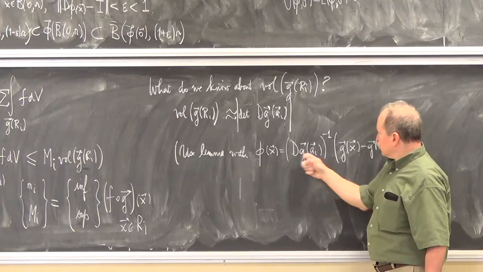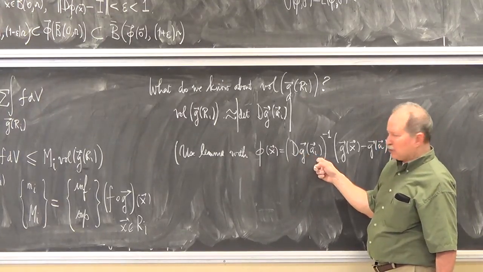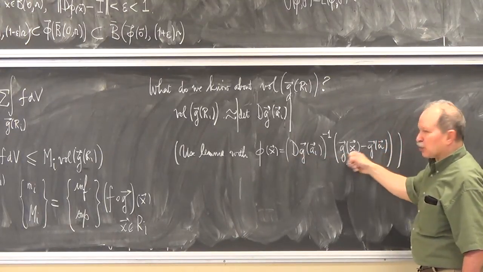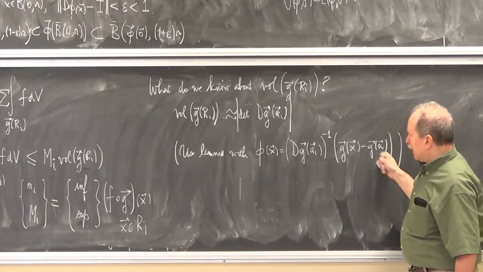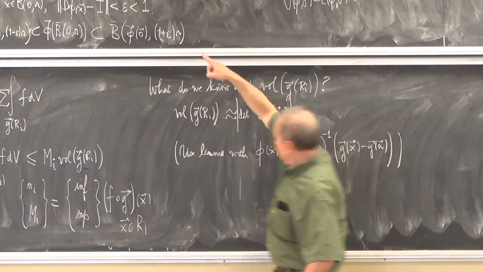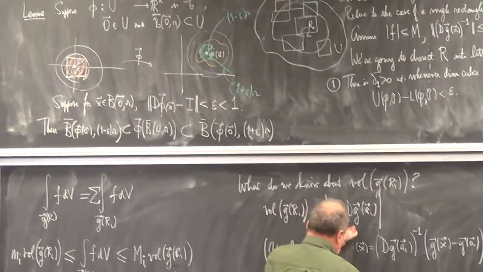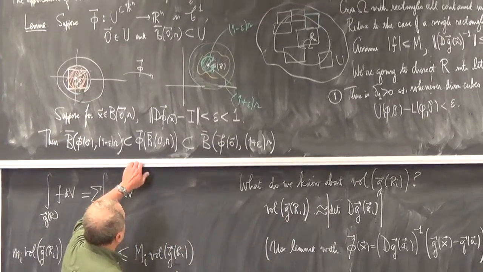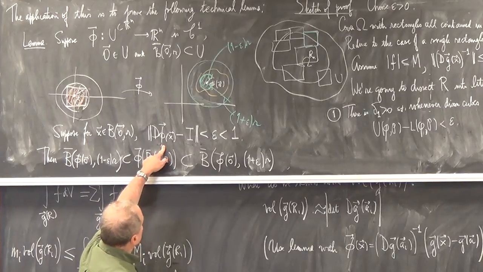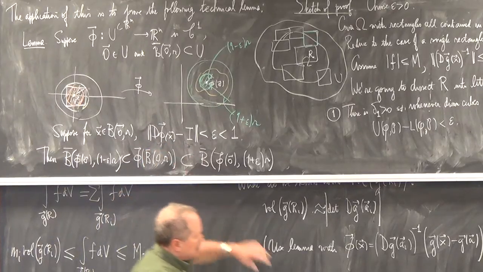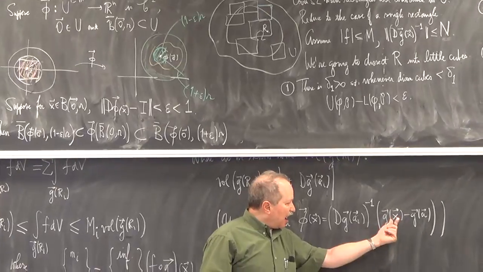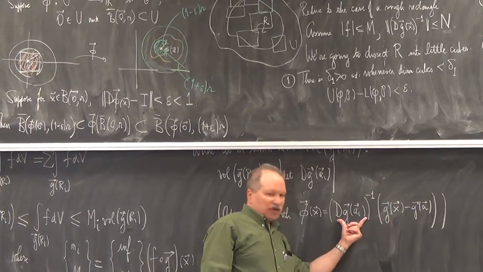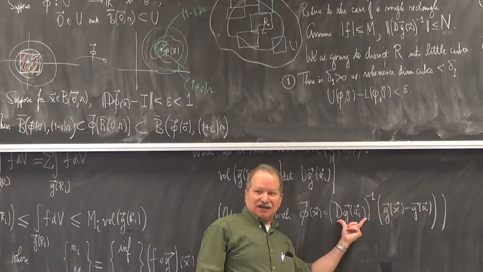Basically, I'm going to invert the derivative at the center of the cube and use that linear map times the actual mapping. Which phi is that? That's this phi. I've made the derivative be close to the identity, because at a_i I've got the derivative of g at a_i with an inverse out here, so that is the identity.